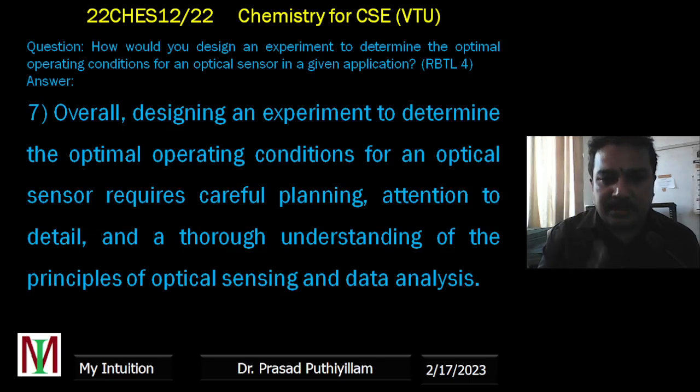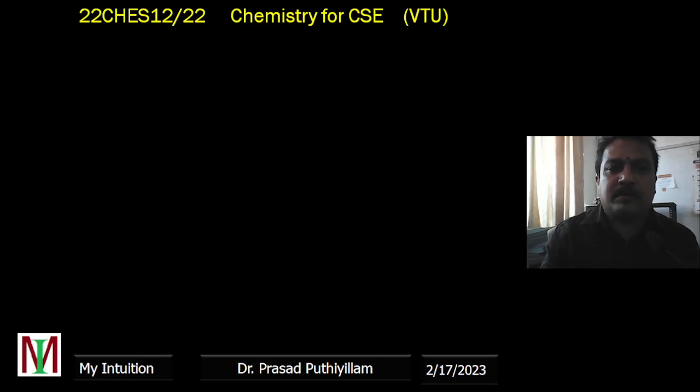One has to plan each and everything before starting the work, and they have to give detailed attention to each and every small change, variation, things, material used, light used, wavelength used, everything has to be very accurately taken care of. Then only high precision sensors can be developed.